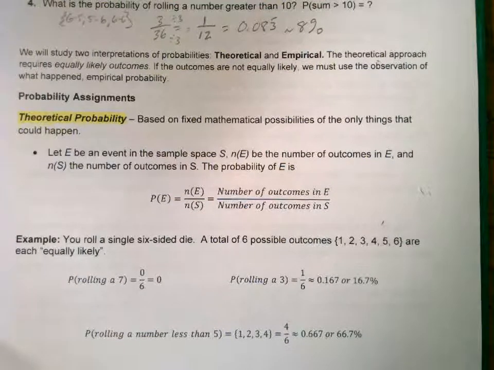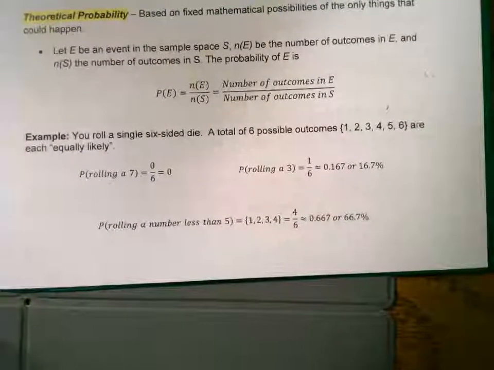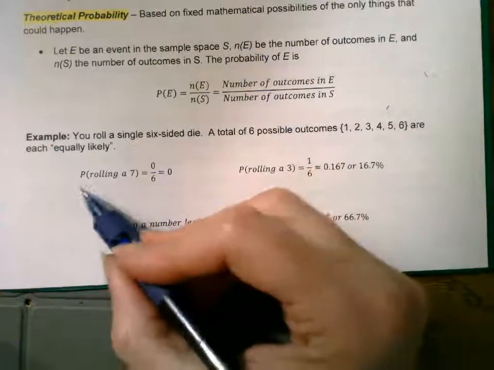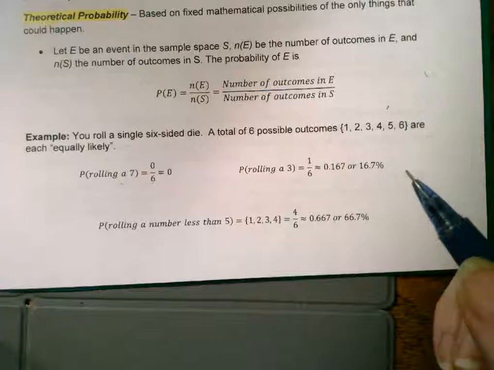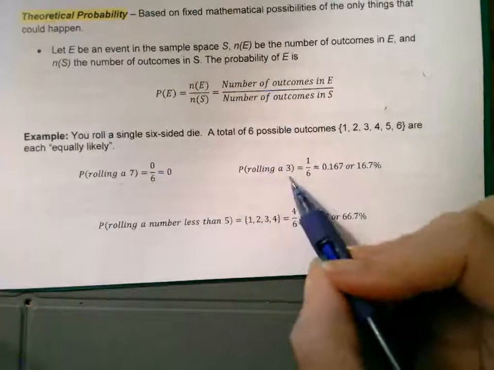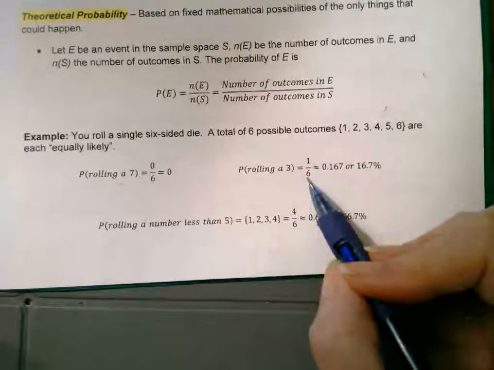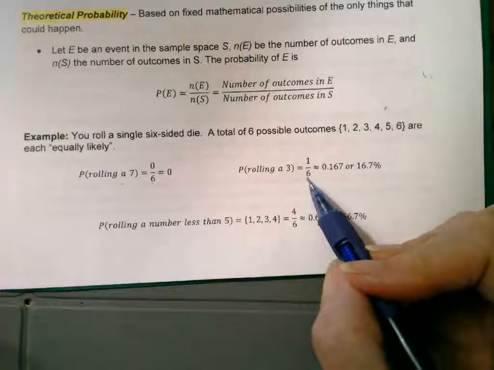All right, so it might make more sense to see an example of this. Theoretical probability. If you're rolling a 6-sided die, the total possible outcomes are 1 through 6, and each is equally likely in a fair die. So the probability of rolling a 7 is 0 over 6 or 0, because there's no 7 when you're rolling one die, right? Rolling a 3 is 1 out of 6. So this is kind of what we've been doing above.